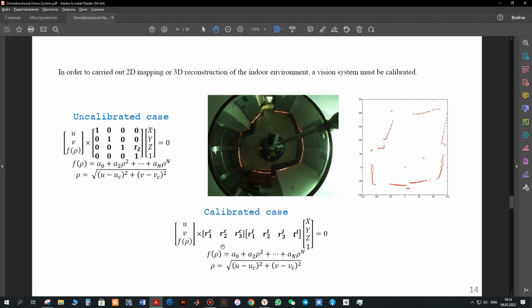So in the calibration case, we need to consider the camera rotation matrix, because here it was an assumption that the camera is parallel to the floor, but in real cases the camera cannot be parallel to the floor. It also has a rotation matrix. Also, the transformation matrix of the laser plane also has an orientation. So we also need to consider it during the calibration.